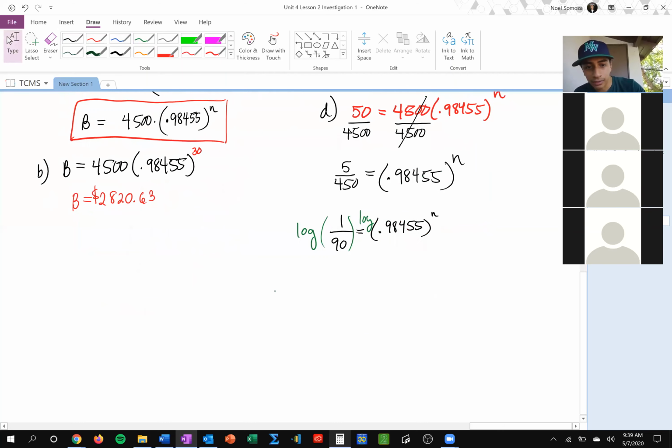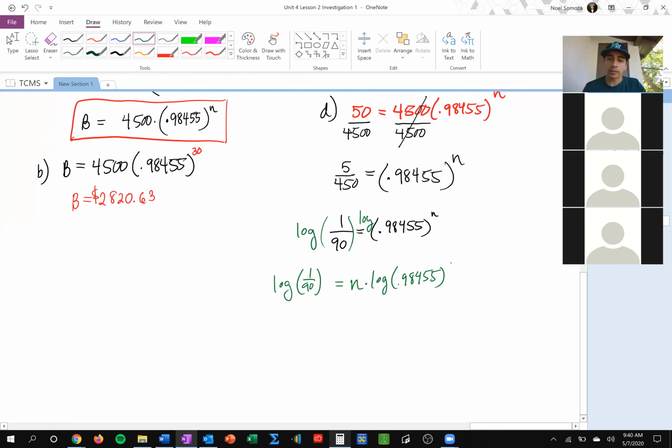When that happens, remember that this gives you log of 1 over 90 is equal to log of 0.98455 to the n, and now you are allowed to bring the n down to the front. So now it's n times the log of 0.98455, and you can remove the n from the power.